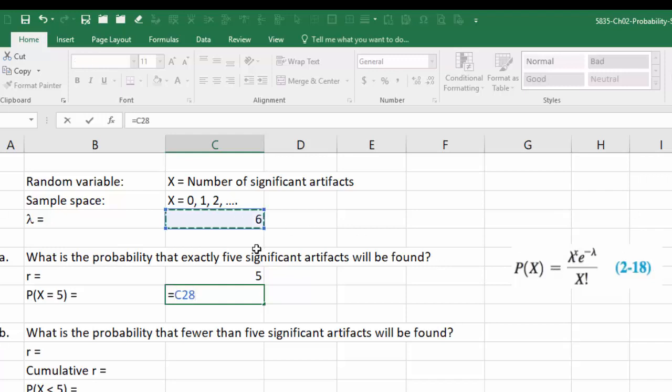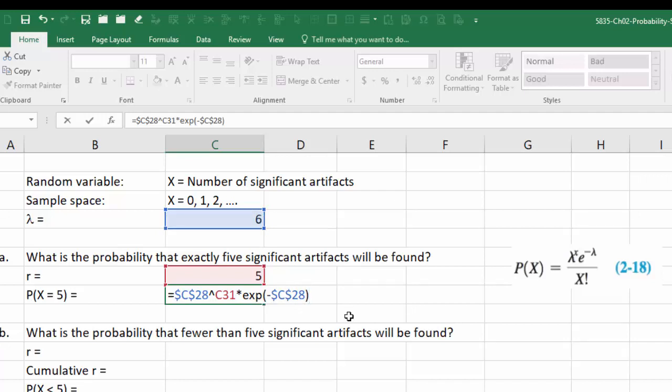So here is lambda, and let's make that an absolute reference, to the power of x, times exp, so that's our e, to the power of minus lambda. So you have minus that, again make that an absolute reference, close parenthesis.